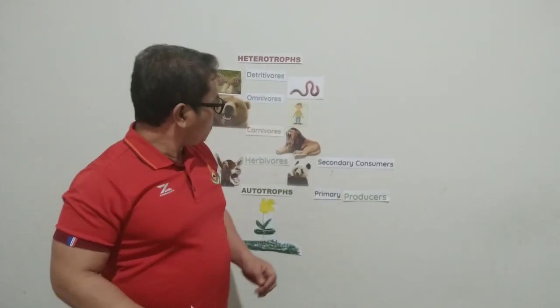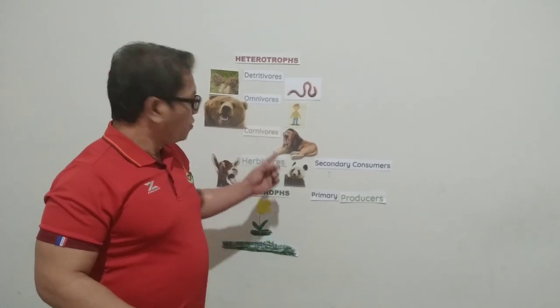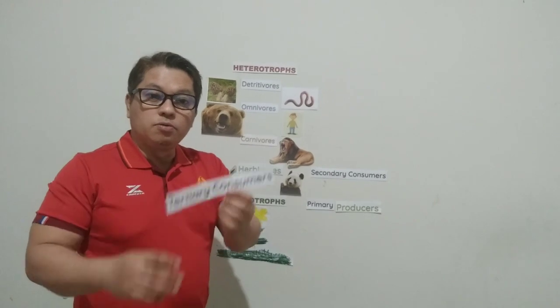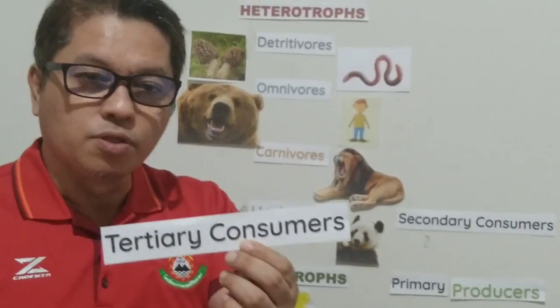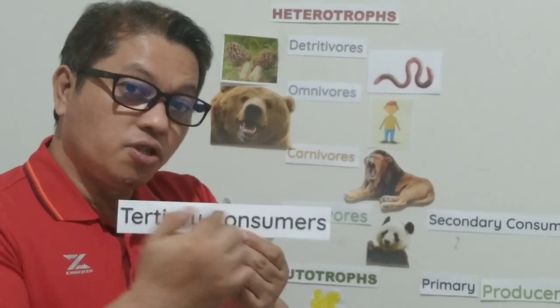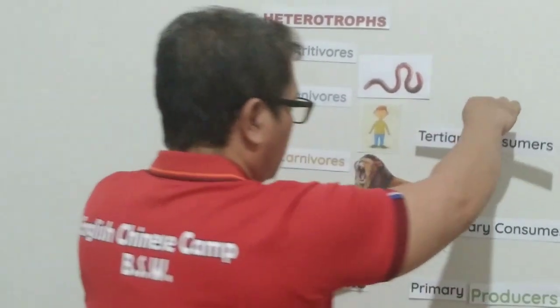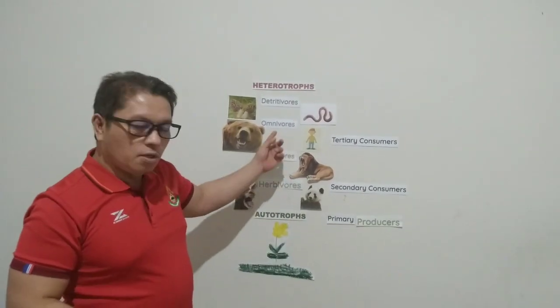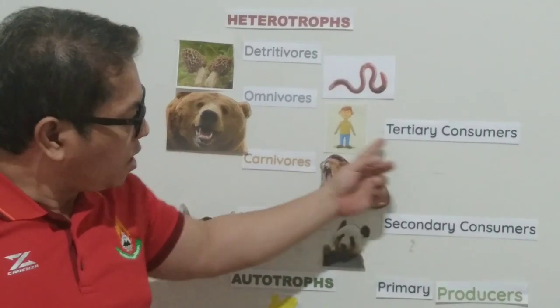The last level, which covers the carnivores and the omnivores, they are called the tertiary consumers. Tertiary consumers meaning they are at the third level. So let's put it here.